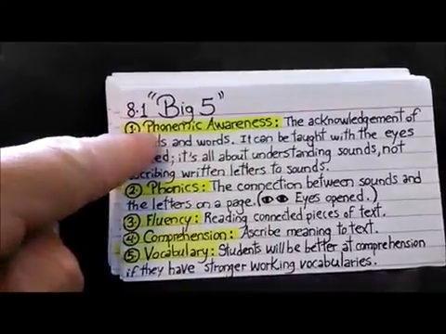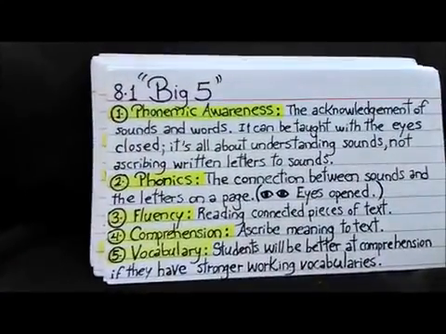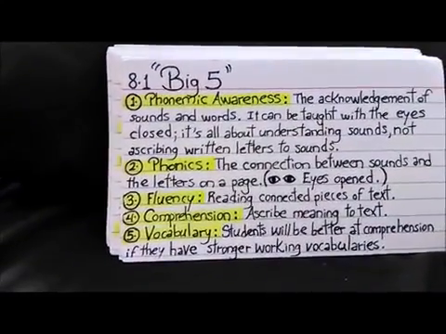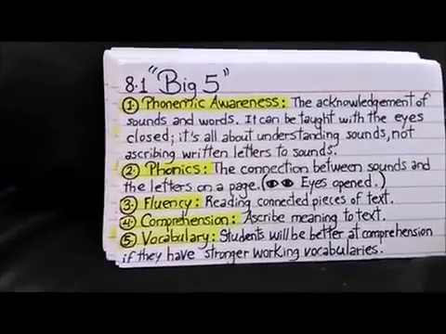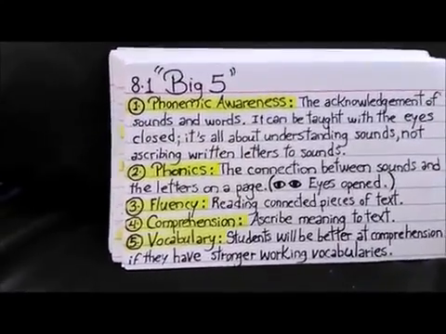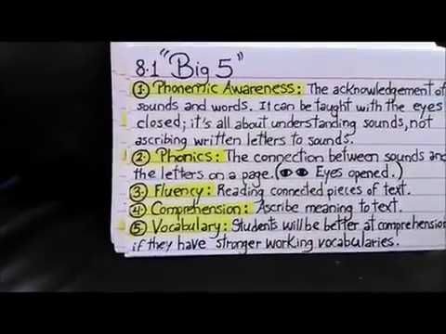So, phonemic awareness, you keep your eyes closed and you listen. Okay? Phonics. The connection between sounds and the letters on a page. So for these, you need to have your eyes open because you're going to see.